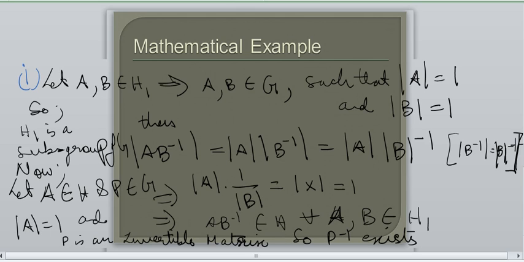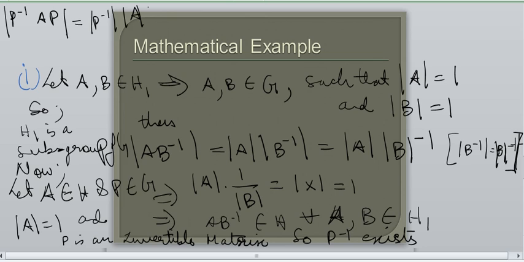So if you do P inverse A P and take the determinant value of this, then this is equal to determinant of P inverse, determinant of A, determinant of P, which is equal to 1.